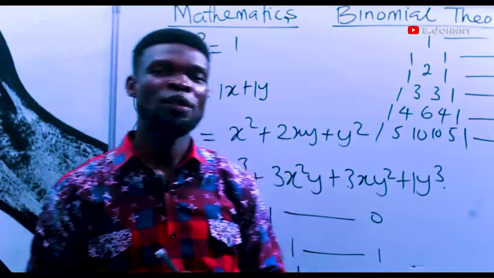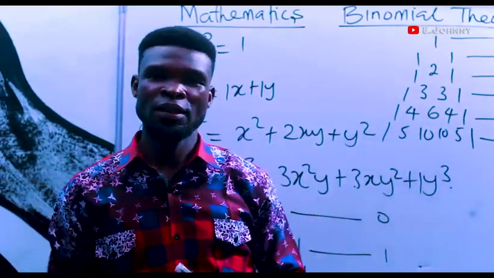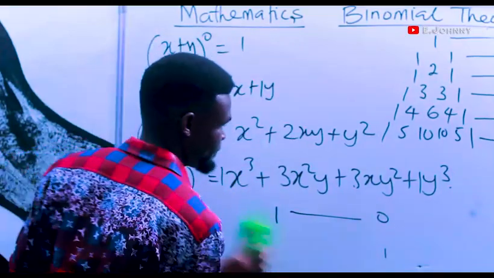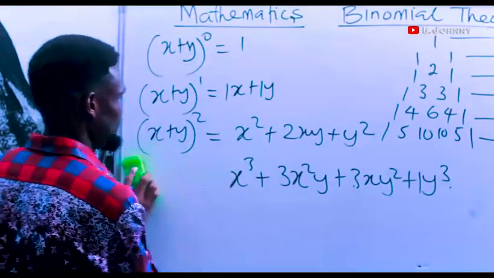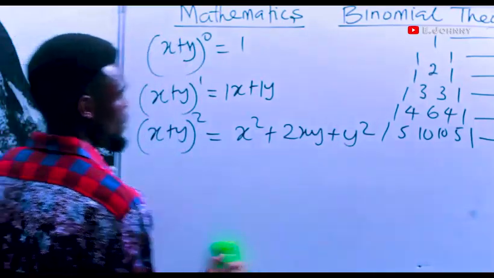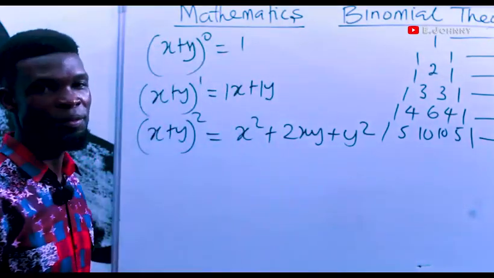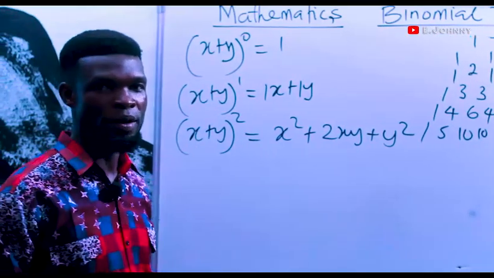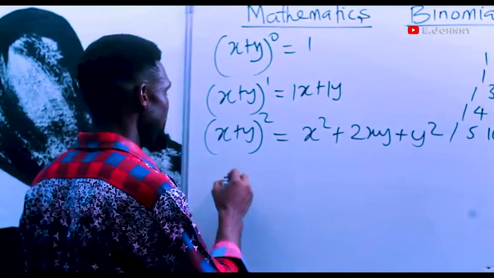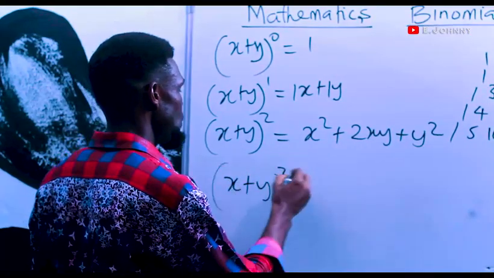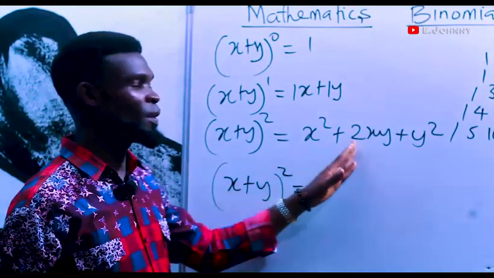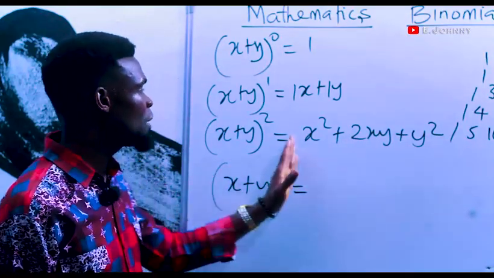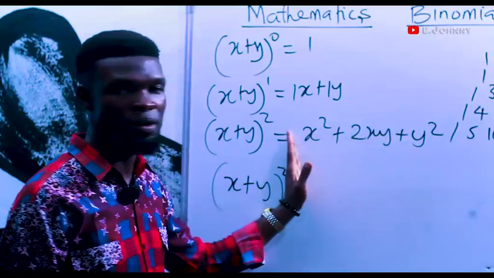Okay, how then do we apply this in expansion? Let me start with power 2 to make it clear. I have x plus y raised to power 2, and I want to expand this. There's a pattern you have to notice. First of all, ignore the coefficient.